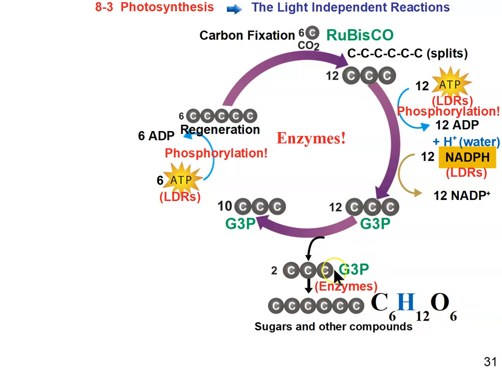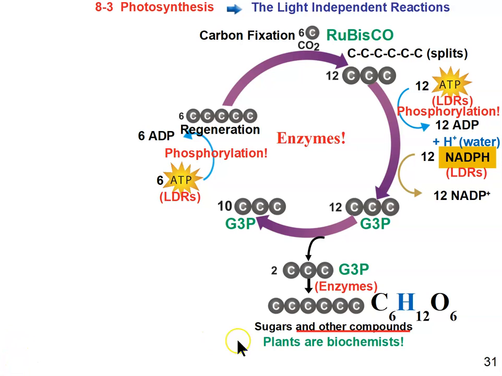G3P is like a building block, a carbohydrate building block, and it can be combined in various ways to create all kinds of different carbohydrates. So it says here sugars like glucose and other compounds, other carbohydrates, but not only carbohydrates, other organic compounds also. It all depends on the enzymes and the biochemical pathways that are using G3P as a building block as to what the product's going to be.